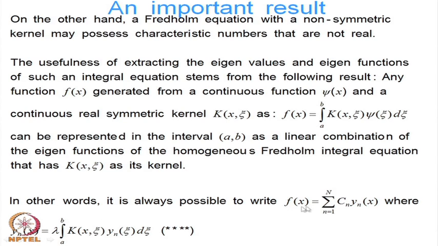In other words, it is always possible to write f of x as the sum from n equal to 1 to n of Cn yn of x, where yn of x is an eigenfunction of this homogeneous Fredholm equation.